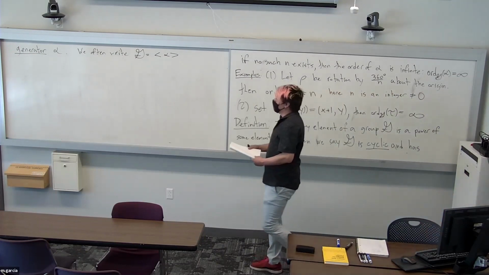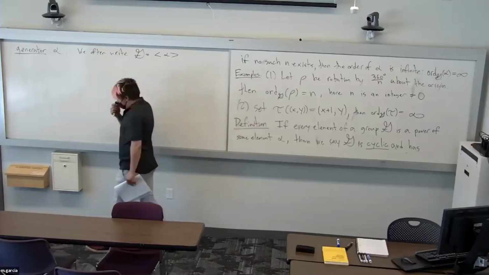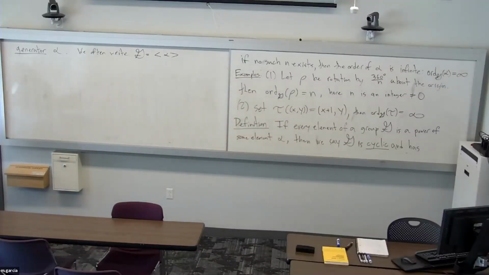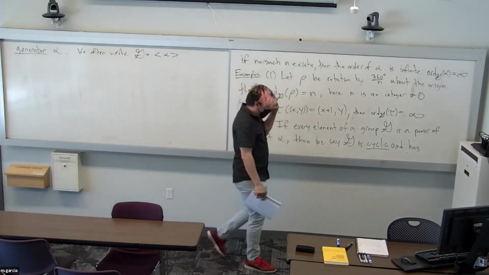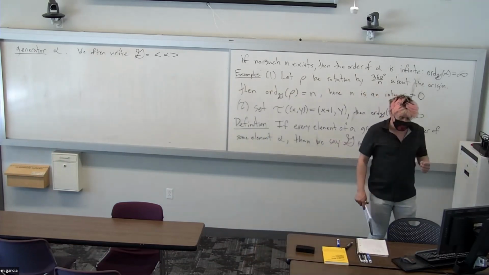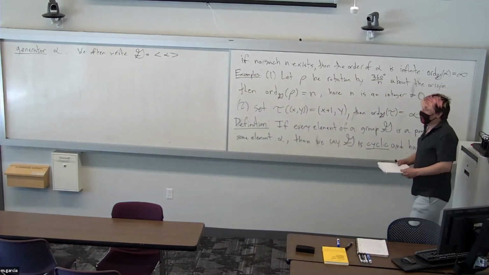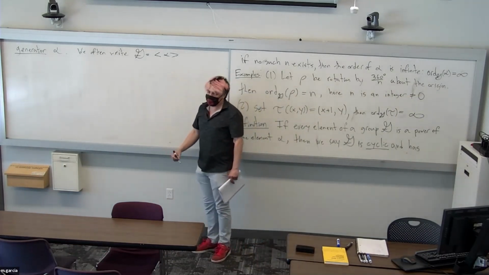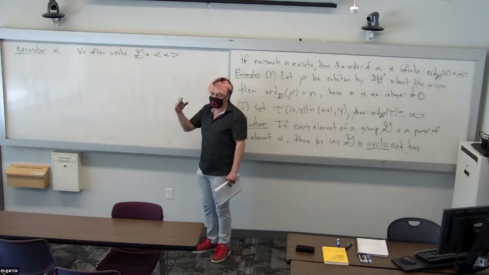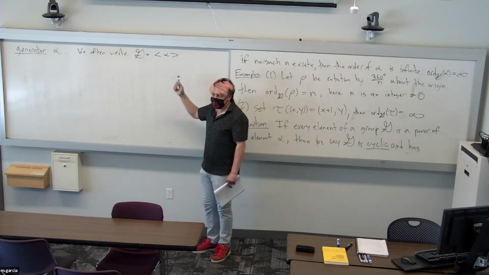So, this is to say, essentially, everything about the group G is determined by alpha. We know everything about the group G, we know all the elements in G, just by taking powers of alpha.